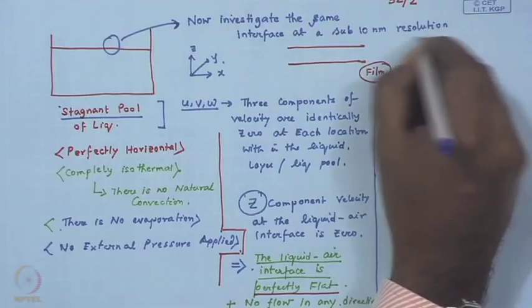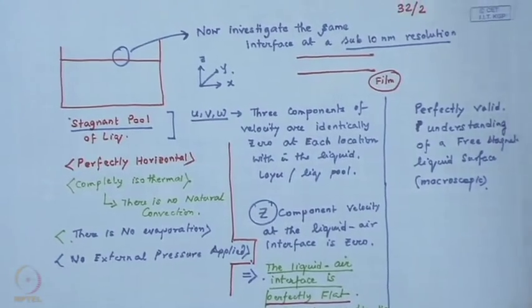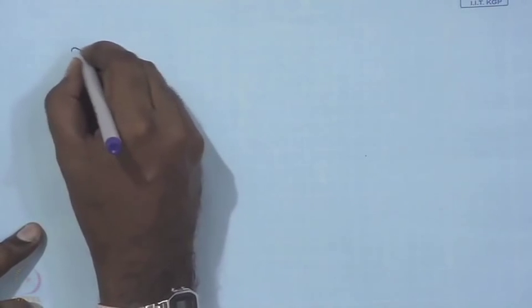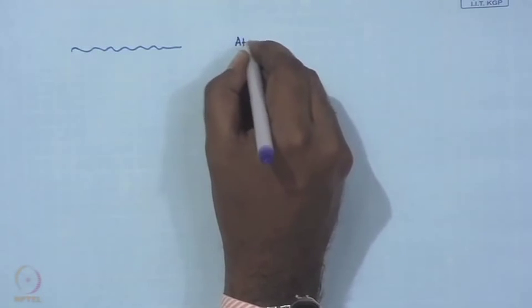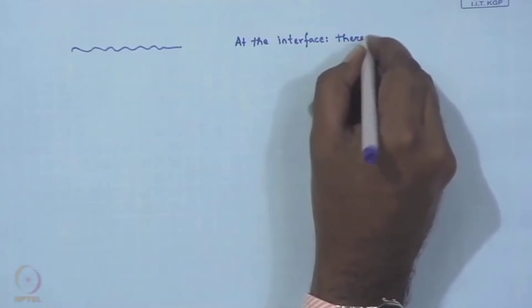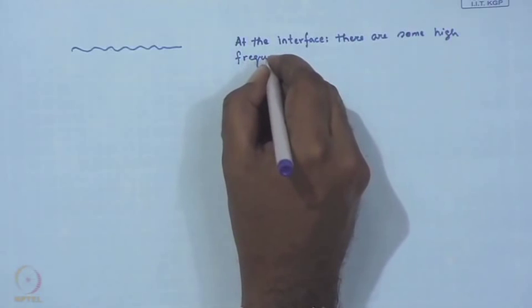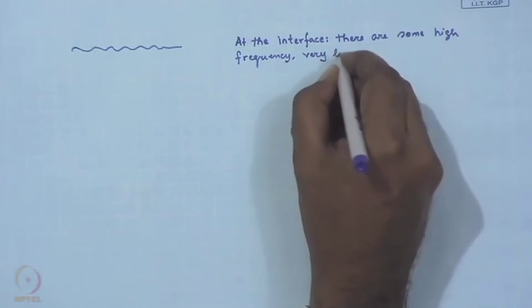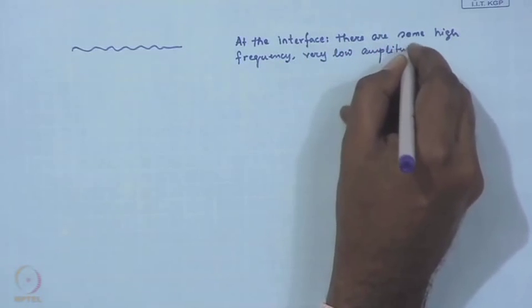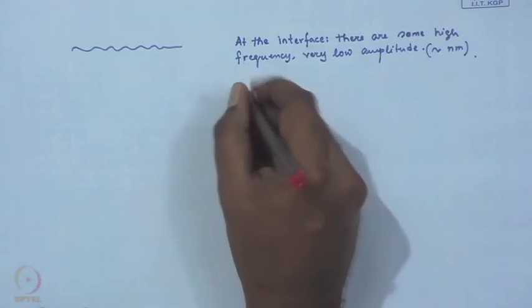It is a little bit of a thought experiment, but if you think you have magnified the interface to a large extent and want to see what is happening, what you will find is that at the interface there is a high frequency, very low amplitude, couple of nanometers oscillation that is taking place continuously.